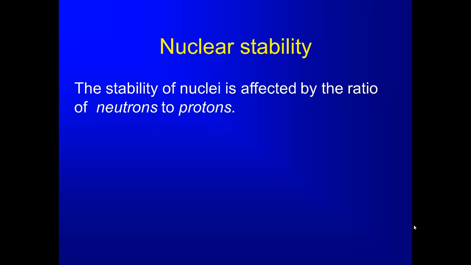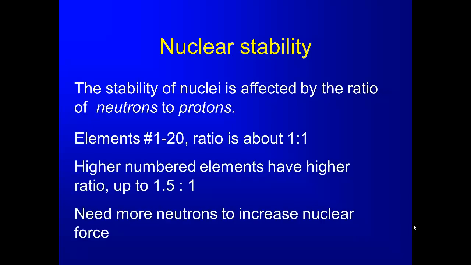So what affects it then is just that ratio of neutrons to protons. Because the more mass that you start adding in there, let's look within the periodic table. If you just take the periodic table and look through it, pretty much up to about element 20, you have about a 1-to-1 ratio. If you look at the mass, it's just about double what the atomic number is.